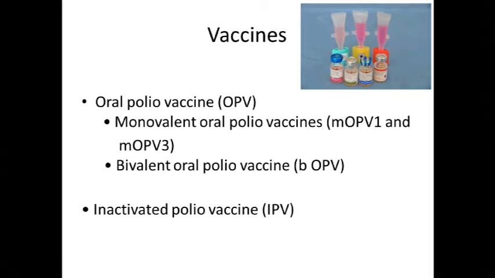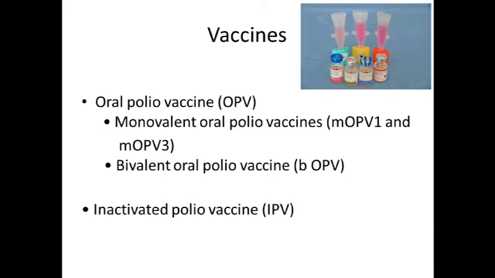So let's look at what are the vaccines available for prevention of poliomyelitis. The two basic categories of vaccines are oral polio vaccine and inactivated polio vaccine, also known as the killed polio vaccine. Oral polio vaccine has got subtypes within it.